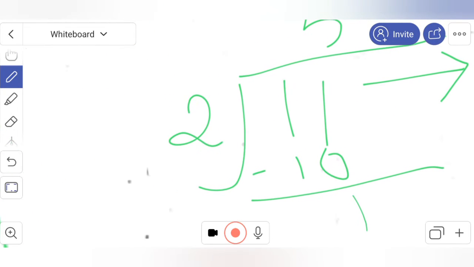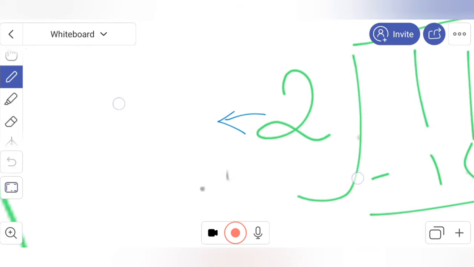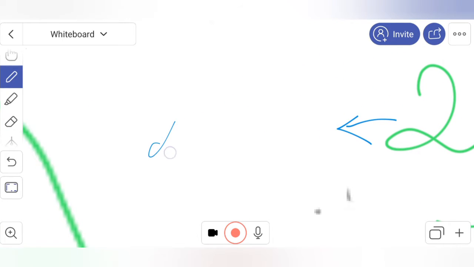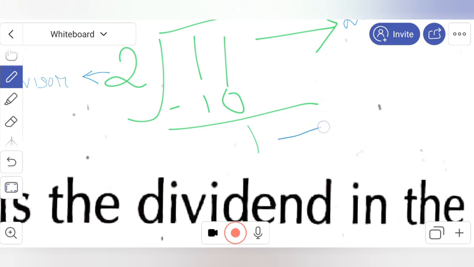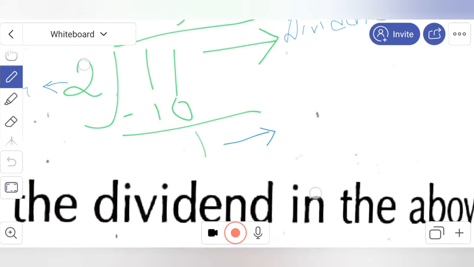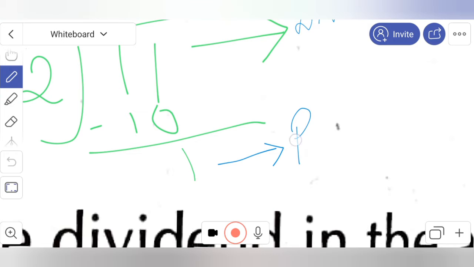And this 2, the one which is outside, is the divisor. And the one below is called the remainder.